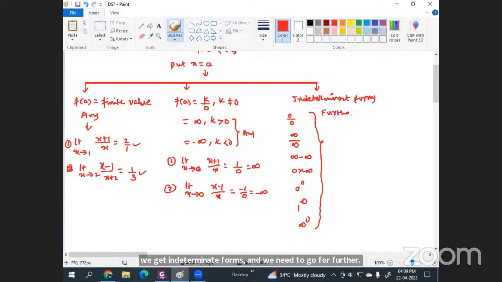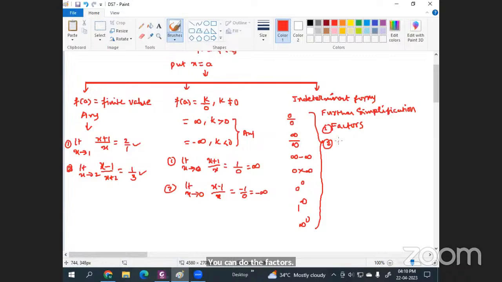So what we have to do? Further simplification. The further simplification may be factorization. You can do the factors. And the second one, it may be a division, whichever is convenient to you. Third one, rationalization. And fourth one, standard limits.